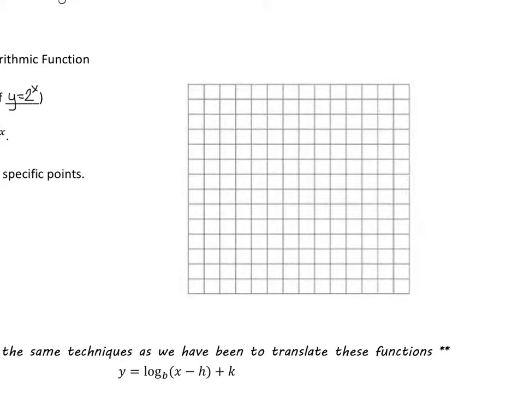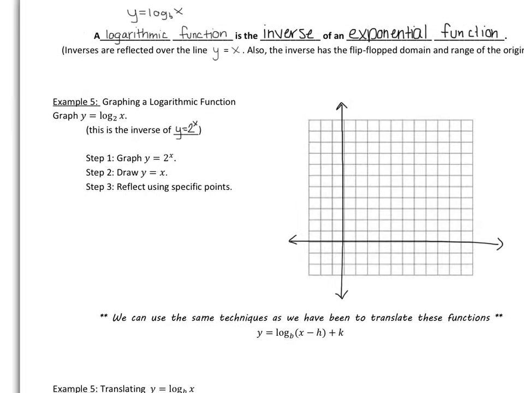Okay, so I'm going to make my axes kind of off to the side here. For y equals 2 to the x, let's make a chart, x and y. We'll go -1, 0, 1, 2, and 3.